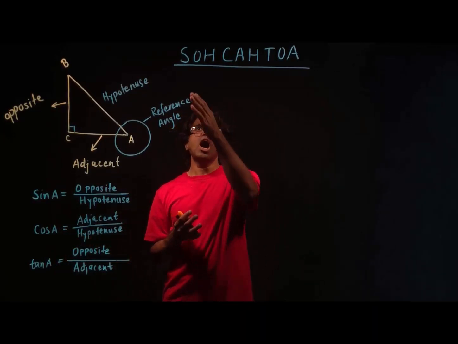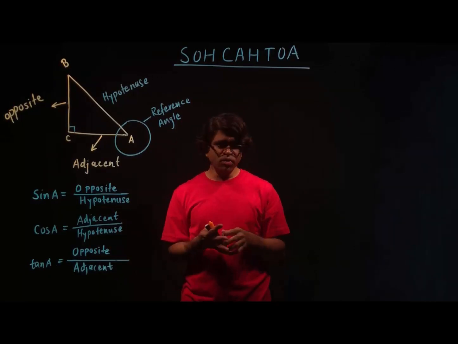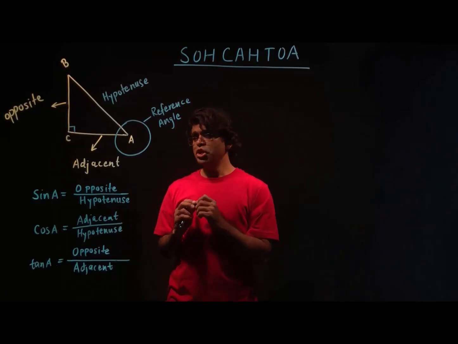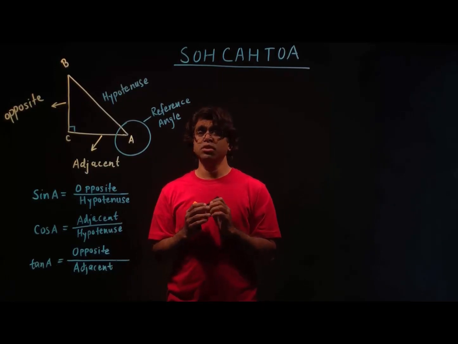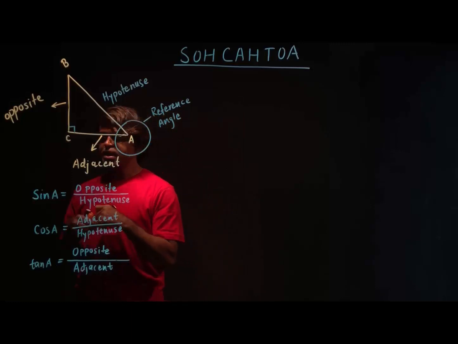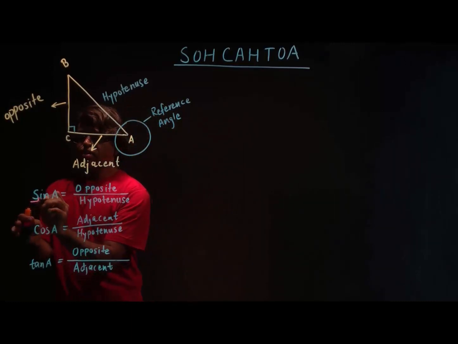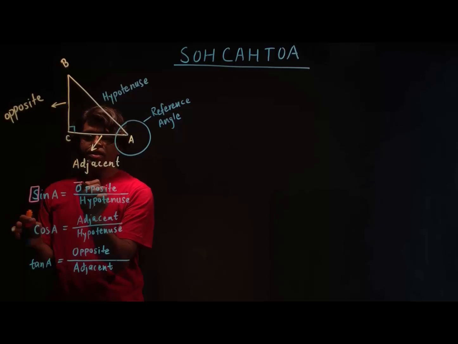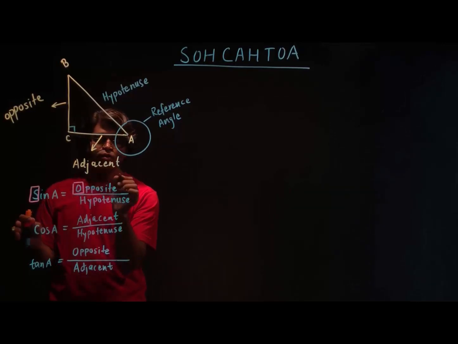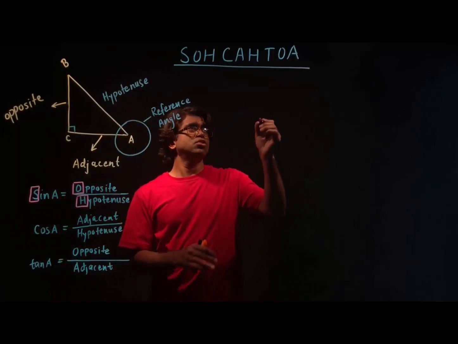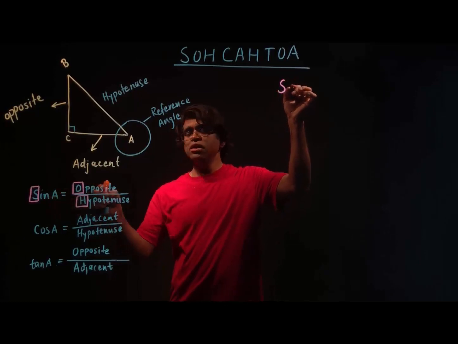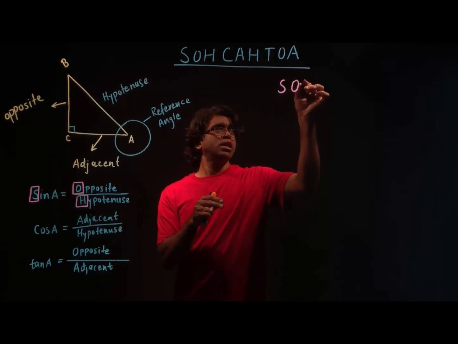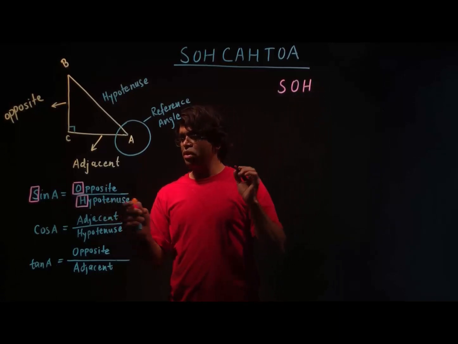Now the question is, how did we come up with this rule? Basically, we took the first letter of each trigonometric ratio. We took S from sine, O from opposite, and H from hypotenuse.